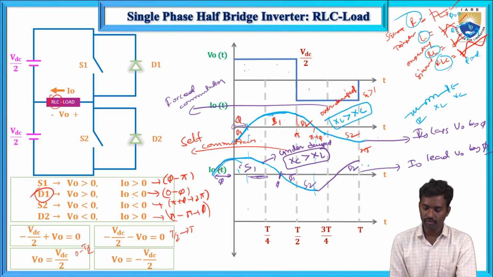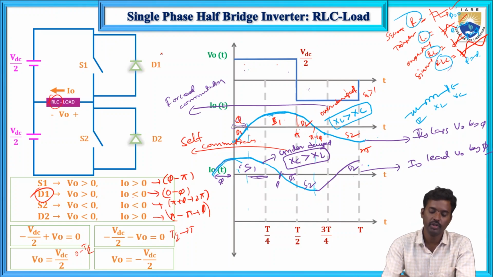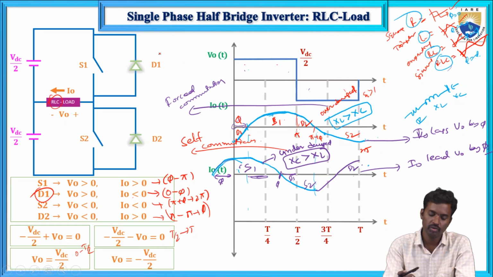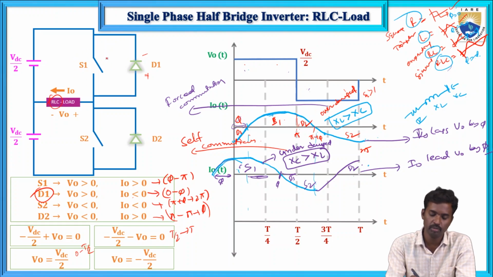S1 will conduct from 0 to pi. After pi to pi plus phi, D1 will conduct. Suppose it is 1 volt. This voltage, plus and minus, is connected across this SCR, which is bidirectional.